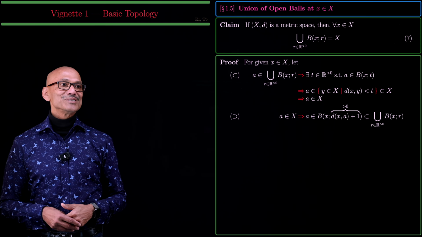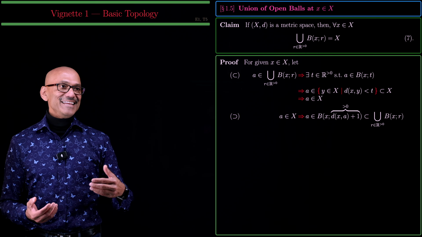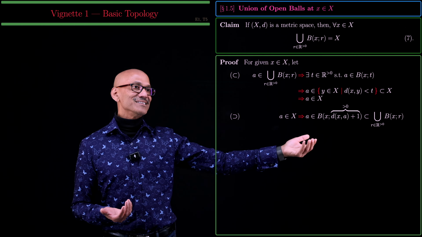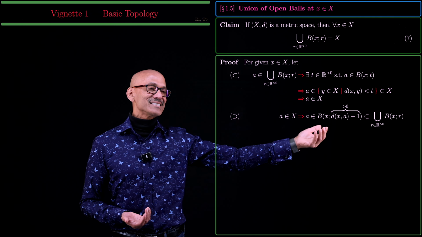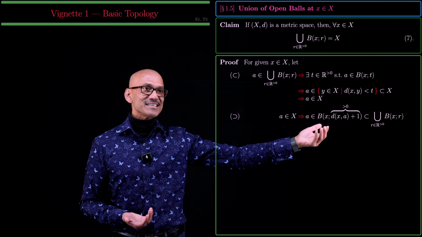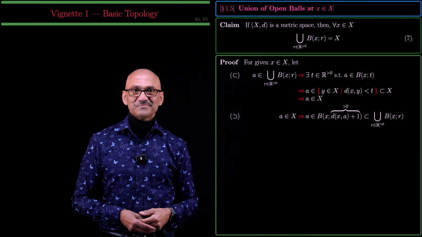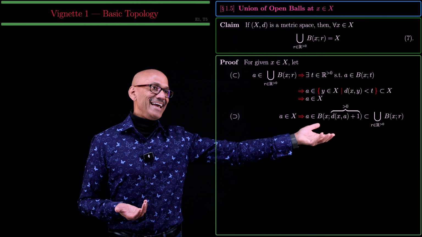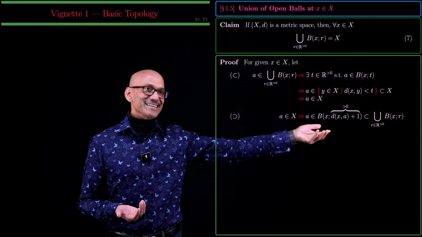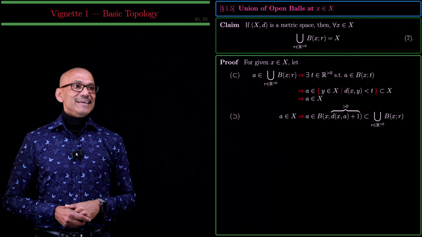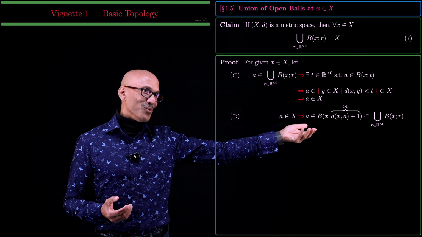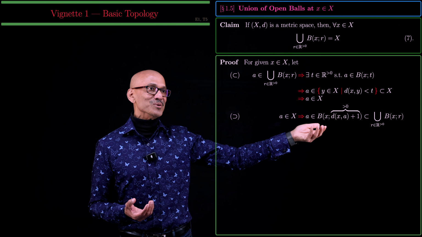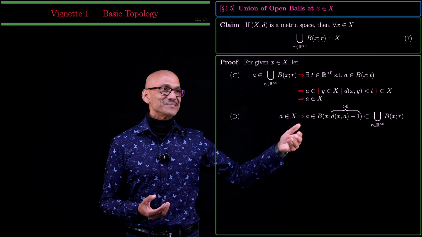For right inclusion, take any arbitrary element a of X and consider the open ball centered at x and radius d(x,a) plus 1. I have used plus 1, but you could use any positive real in its place. a belongs to this open ball because d(x,a) is less than the radius of the open ball, d(x,a) plus 1.